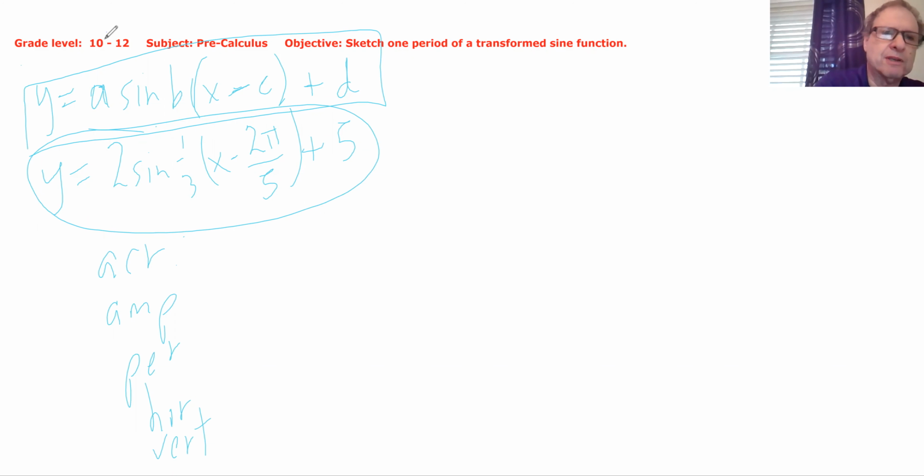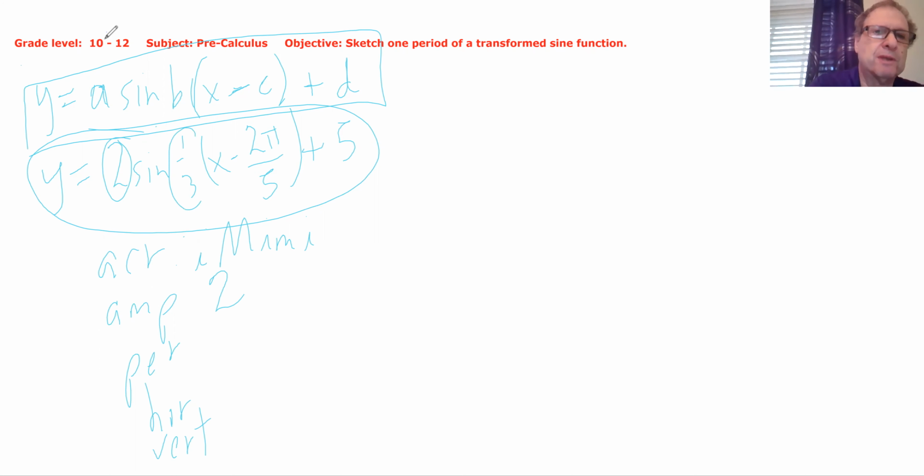Well, the acronym is AMIMME, illustrated by me yesterday, proudly named by me. The amplitude is the absolute value of A, the absolute value of 2 is 2, and the period is found by taking 2 pi, which is the fundamental period of the sine curve, and dividing it by the absolute value of b, so 2 pi divided by 1/3 is 6 pi.